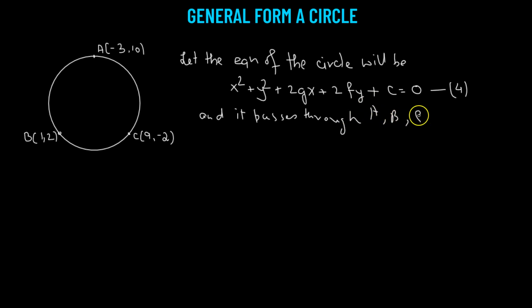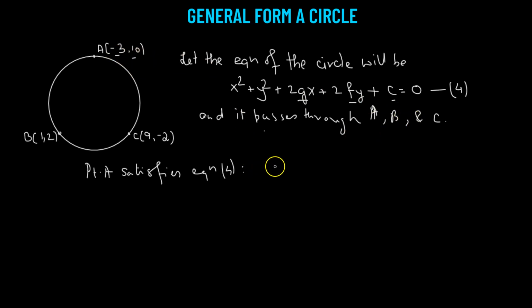Using this information, we have to find the values of the constants g, f, and c. Because the circle is passing through A, B, and C, point A satisfies equation number 4. Meaning we can replace x with negative 3 and y with 10.